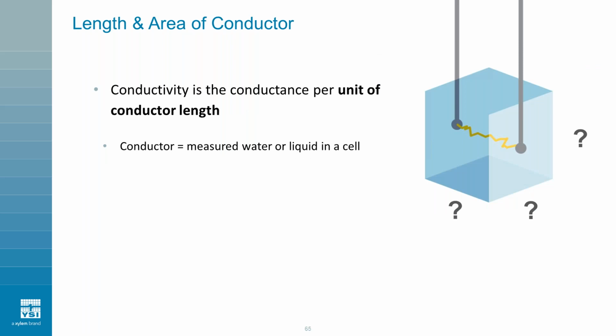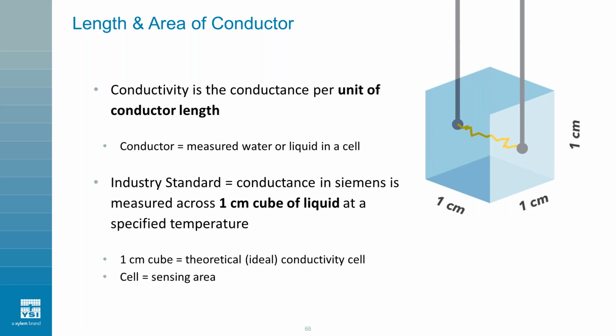Now that we've discussed two common cell types, let's talk about the length of the conductor. Remember, conductivity can be defined as conductance per unit of conductor length, the conductor being the sample liquid. The industry standard unit of conductor length is 1 centimeter cube of liquid.